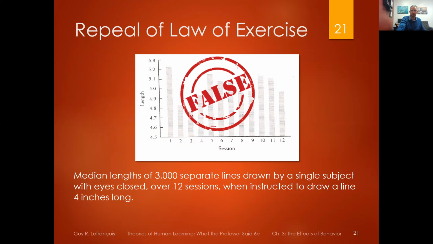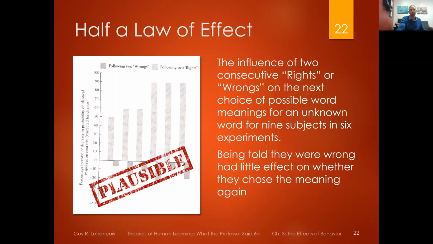Now, he also said that there's the law of effect. He looked at the influence of 2 consecutive rights or 2 consecutive wrongs on the next choice of a possible word meaning for an unknown word for 9 subjects in 6 experiments. So he is trying to see, do we learn when we're told that we're wrong?